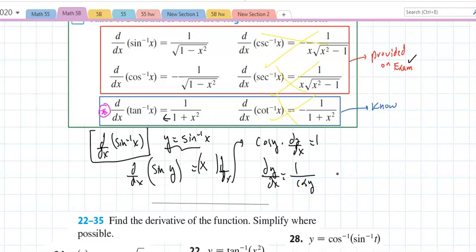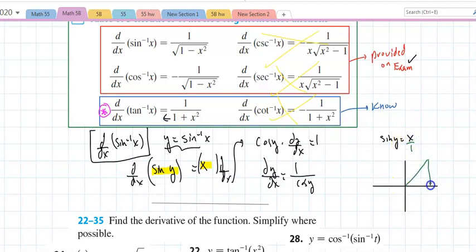Well, think about it. If I take this and I say the sine of y equal x, I'll give you a hint.